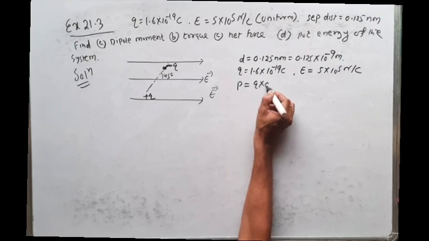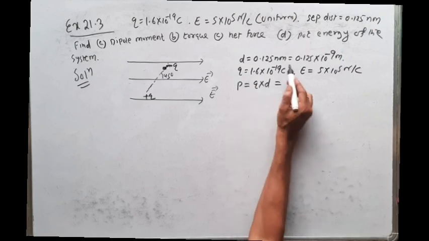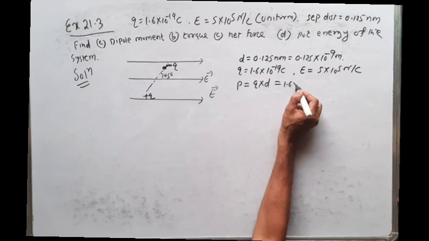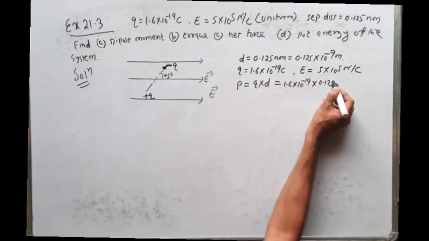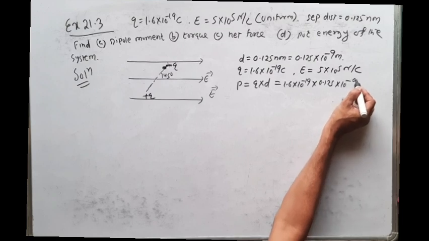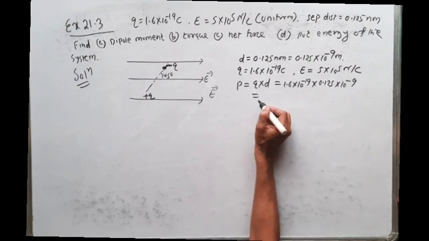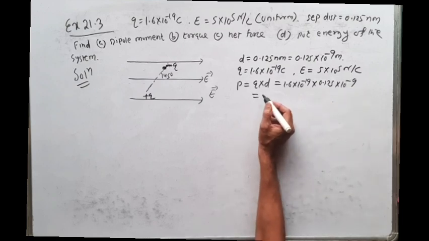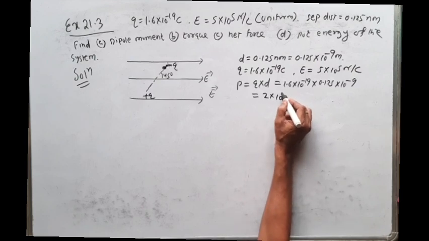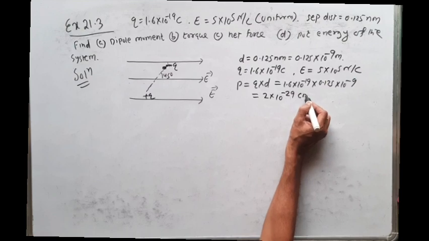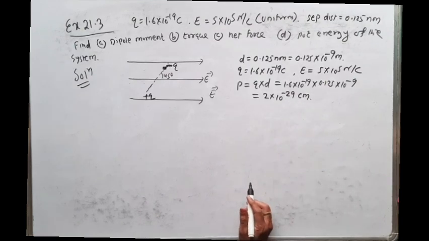So dipole moment is a product of charge into separation distance. Q is 1.6 × 10 to the power minus 19. Distance is 0.125 × 10 to the power minus 9. So if we multiply, I think it will come 2 × 10 to the power minus 29 coulomb meter. This is the dipole moment.